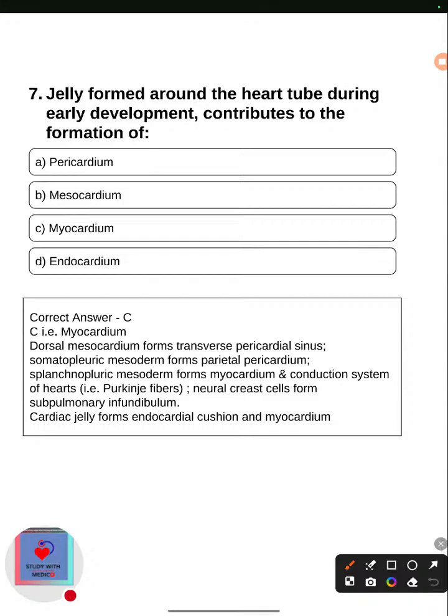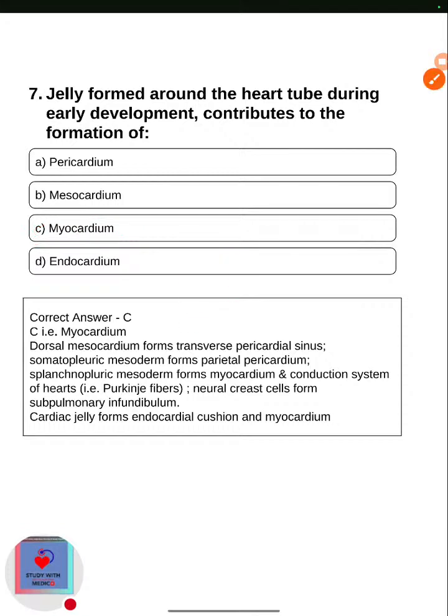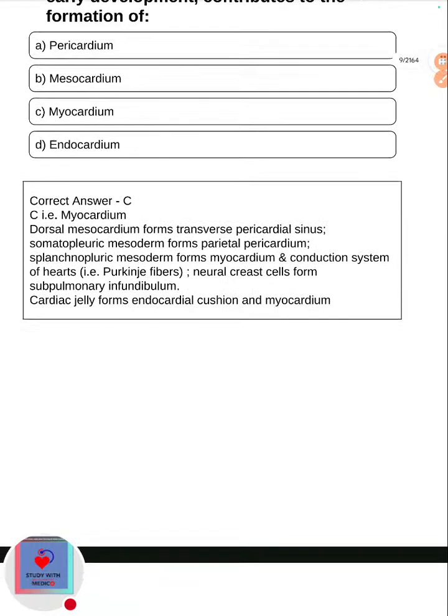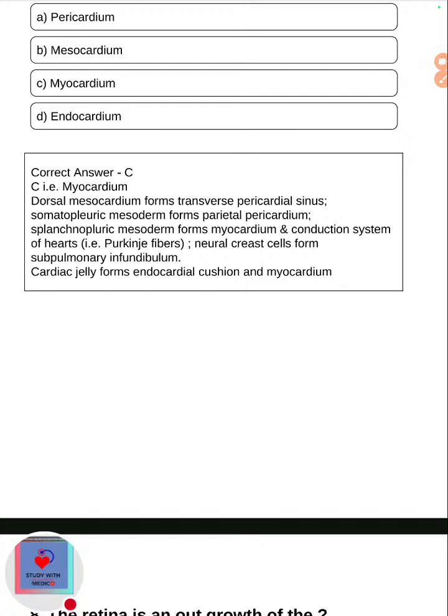Jelly formed around the heart tube during early development contributes to the formation of the myocardium, which is the middle layer, very thick, a muscular layer which is responsible for pumping.